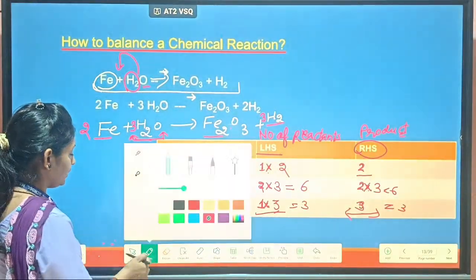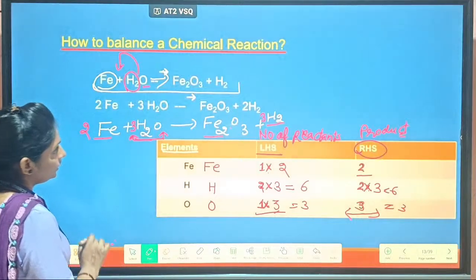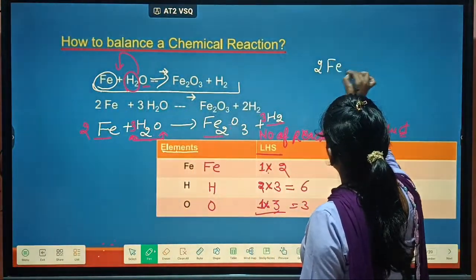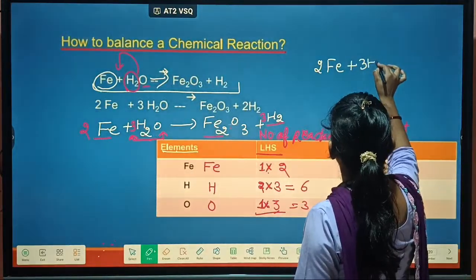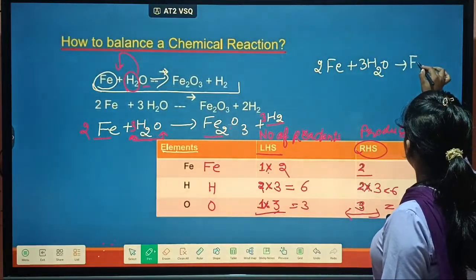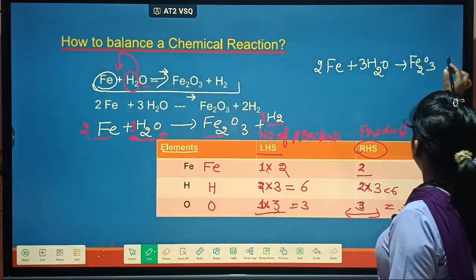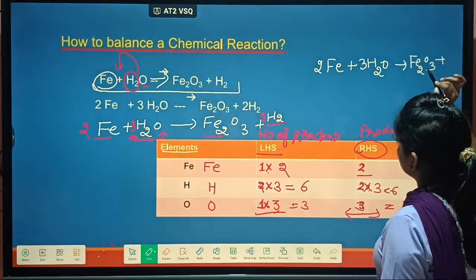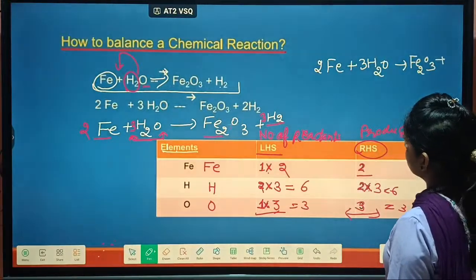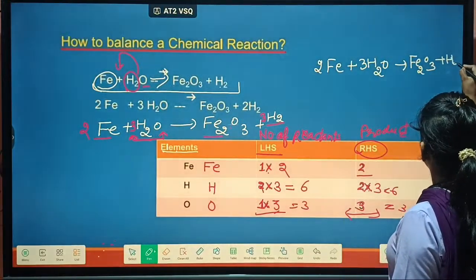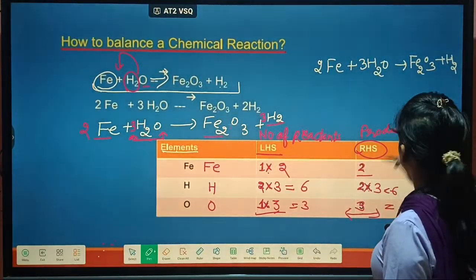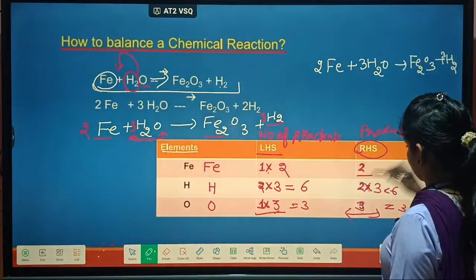Now you can see the equation in this way: 2Fe plus 3H2O giving us Fe2O3 plus 3H2.